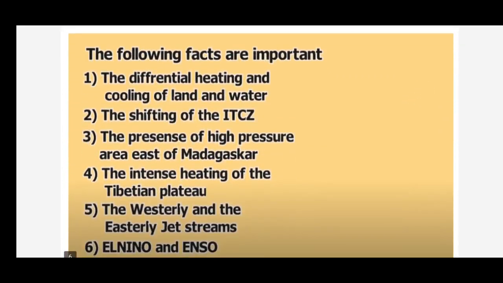To understand the mechanism of monsoons, the following facts are important: the differential heating and cooling of land and water, the shifting of ITCZ, that is the intertropical convergence zone, the presence of a high pressure area east of Madagascar, the intense heating of the Tibetan Plateau, the westerly and the easterly jet streams, and the last one, El Nino and the El Nino Southern Oscillation, that's called ENSO.